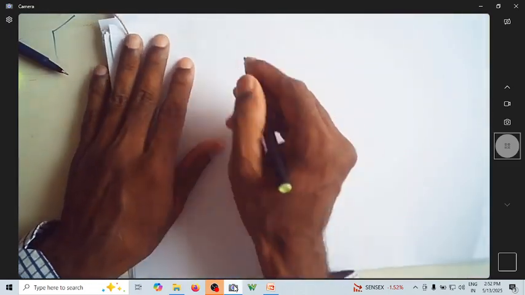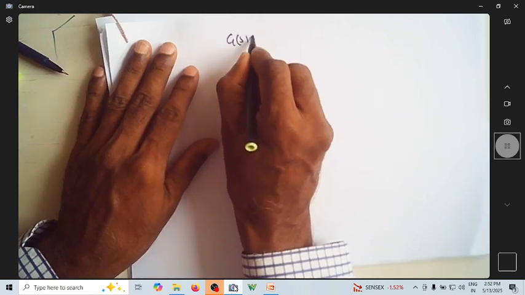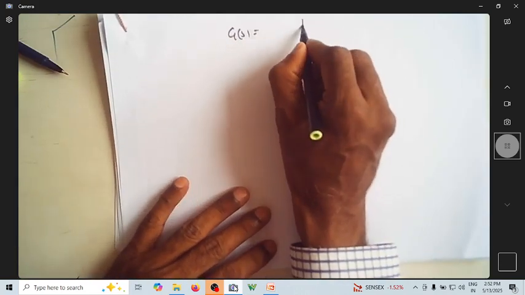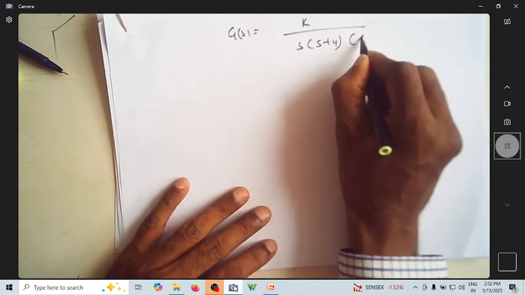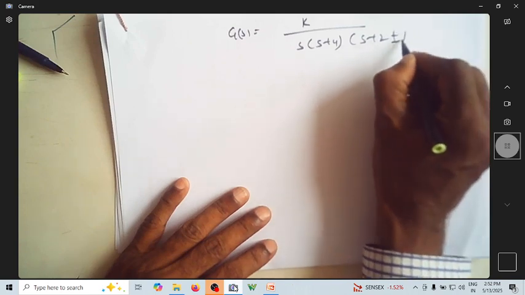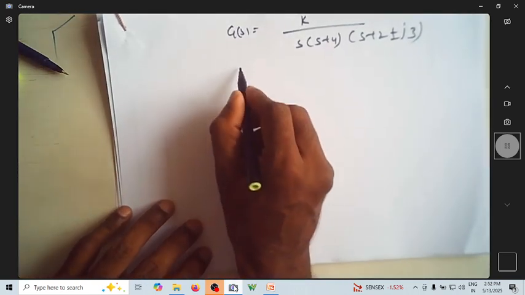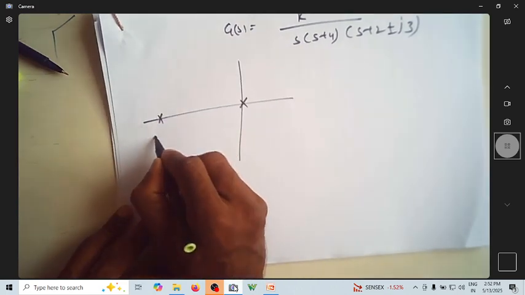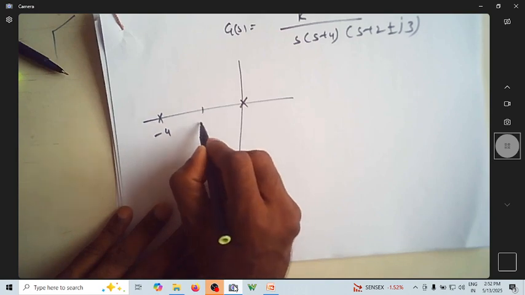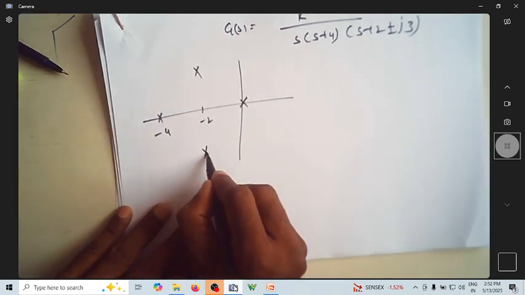So let me consider G of S equal to K into S into S plus 4, S plus 2 plus or minus J. Let me just consider a pole here, and there is a pole at this point.